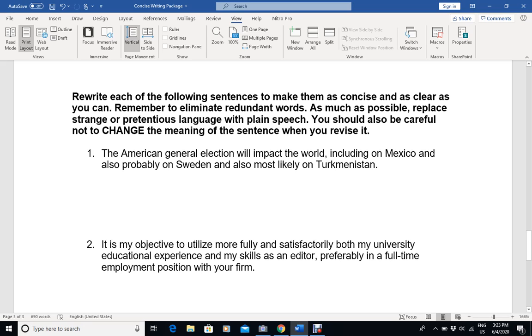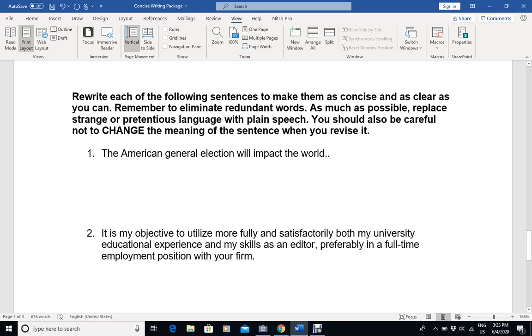It's just giving examples of different countries that are in the world. Not only is it Mexico, Sweden, and Turkmenistan, but every country will be impacted. So this is not really adding anything. And we can take that out and we can say something like this. The American general election will impact the world.